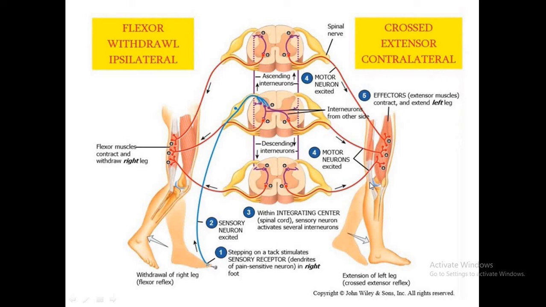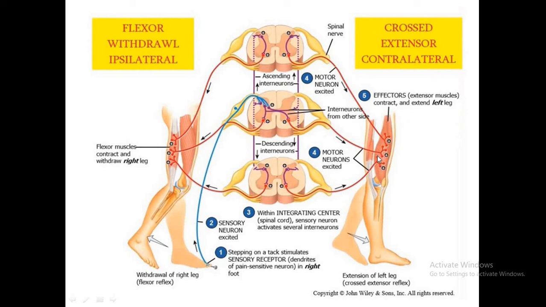On the opposite side, we have the left leg. The left leg will contract. How? When the sensory signal gets to the spinal cord via the gray matter, it will go to the other side and exit via the motor neuron to this large muscle.